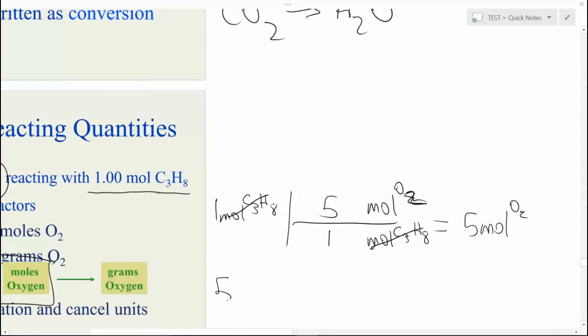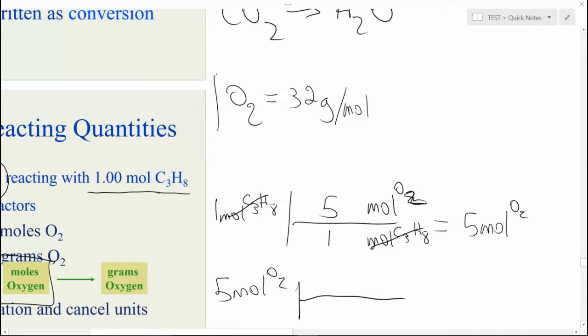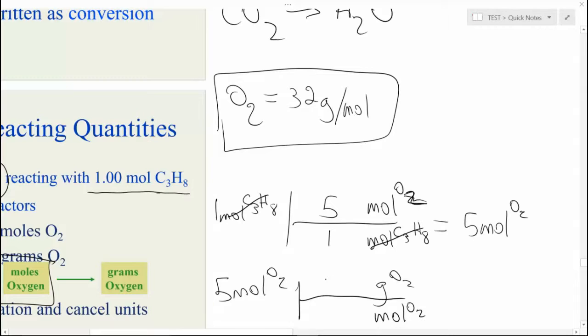Now, using that 5 moles of O2, I can answer the question: how many grams of oxygen react with 1 mole of C3H8? We already did oxygen. O2 weighs 32 grams per mole, as calculated from the periodic table. So we're going to say 5 moles of O2, and we're going to go to the grams of O2 from the moles of O2, and there's 32 grams for every 1 mole.